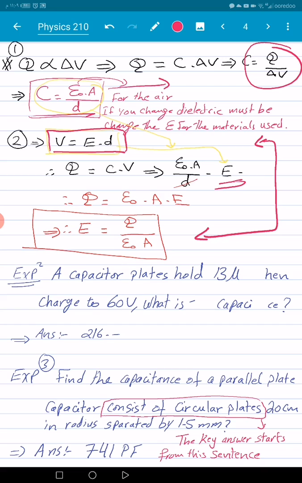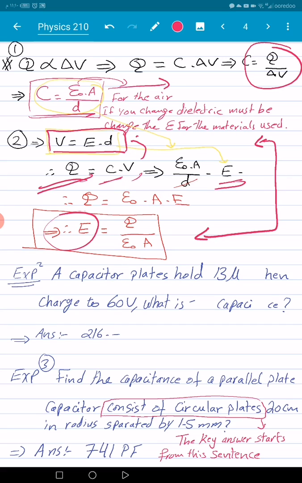So what is the relation between E and the capacitor? C. So just an easy equation. Q is equal to CV.